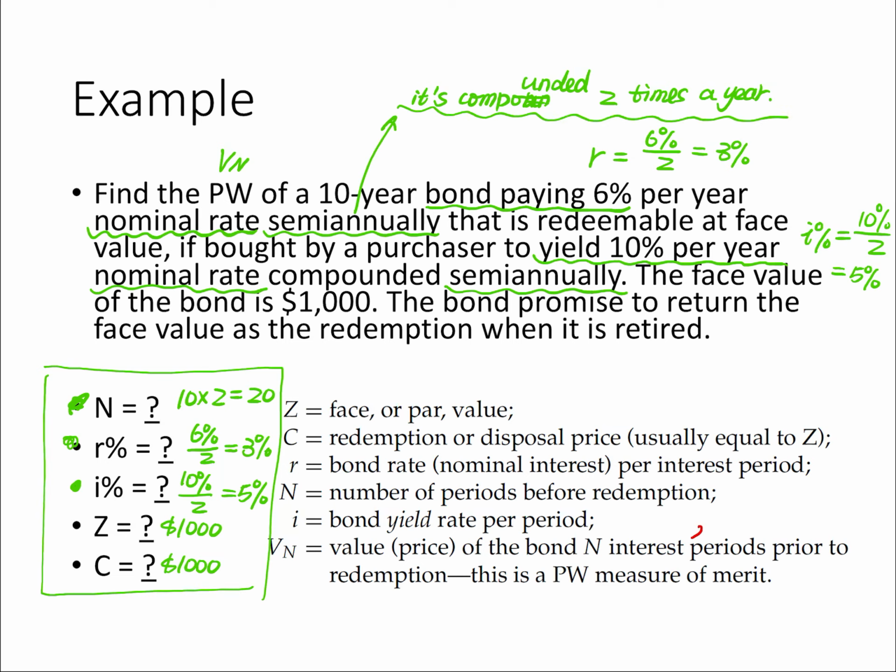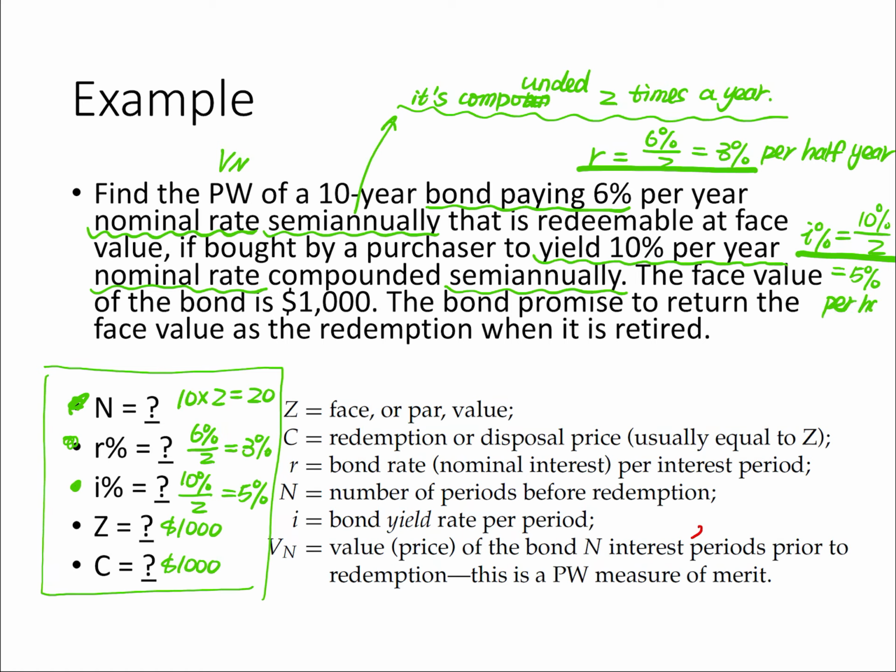Once you have a bond problem, you always want to find out these values like this. And the tricky part is you need to know how often the interest is calculated a year, so that you can convert your R and your I to the interest per period.